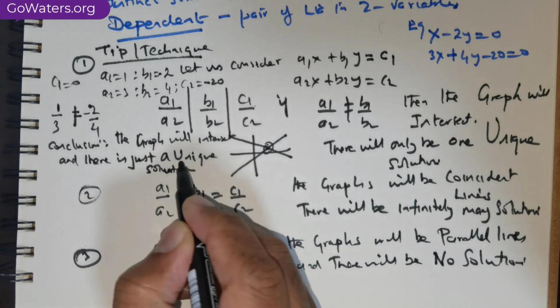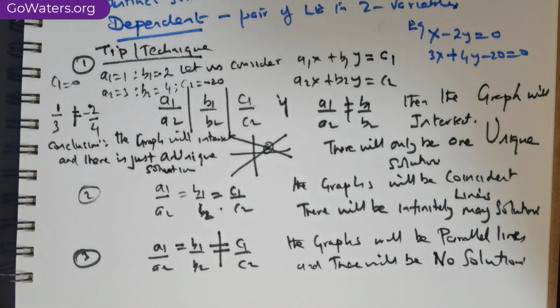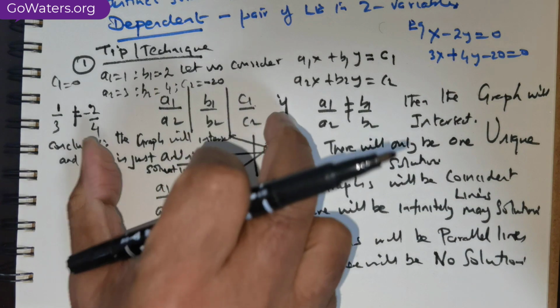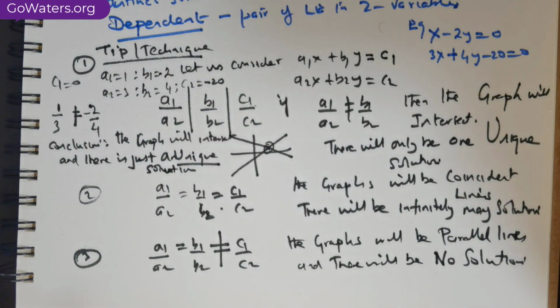You can either write a unique solution or an unique solution. It doesn't matter, as long as you place the keyword unique. So that is the example for the first one.